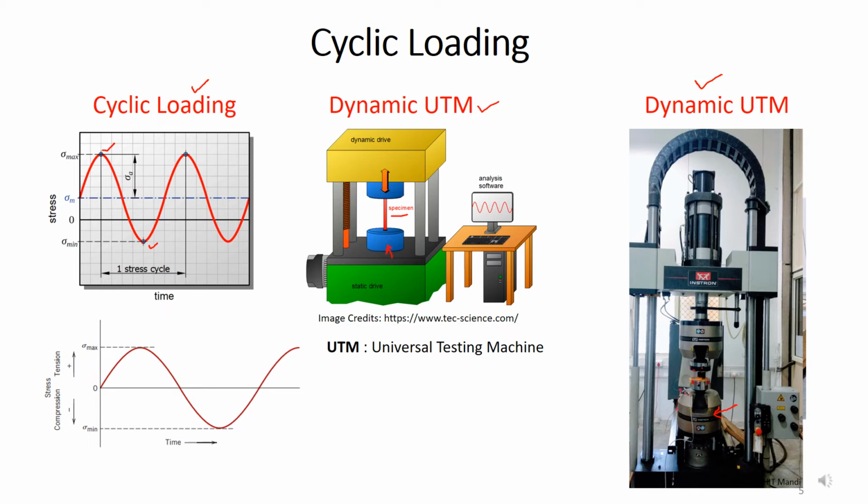If you move from the zero position, or the point at which the stress is zero, then in the upward direction the load is tensile in nature, means the effect of the load is to increase the length of the specimen, and in the downward direction the load is compressive in nature.